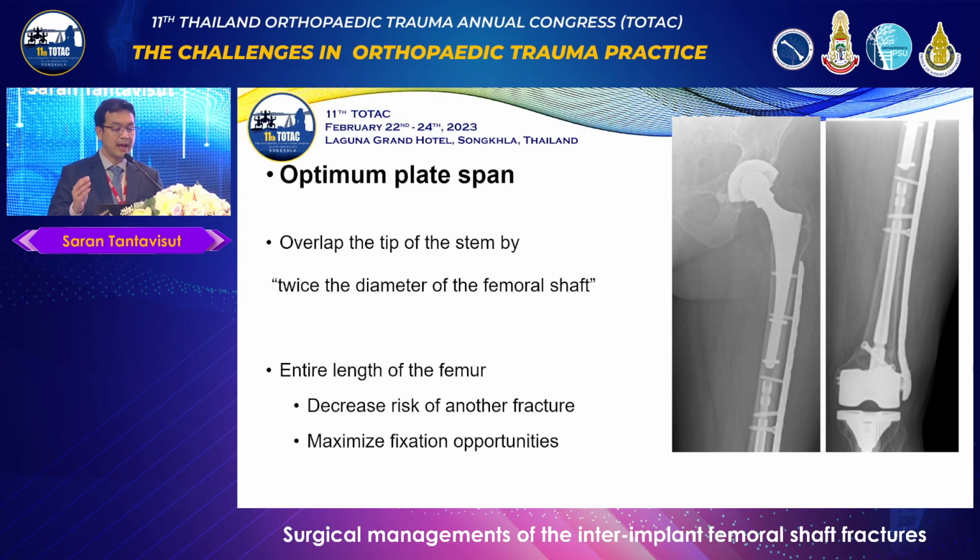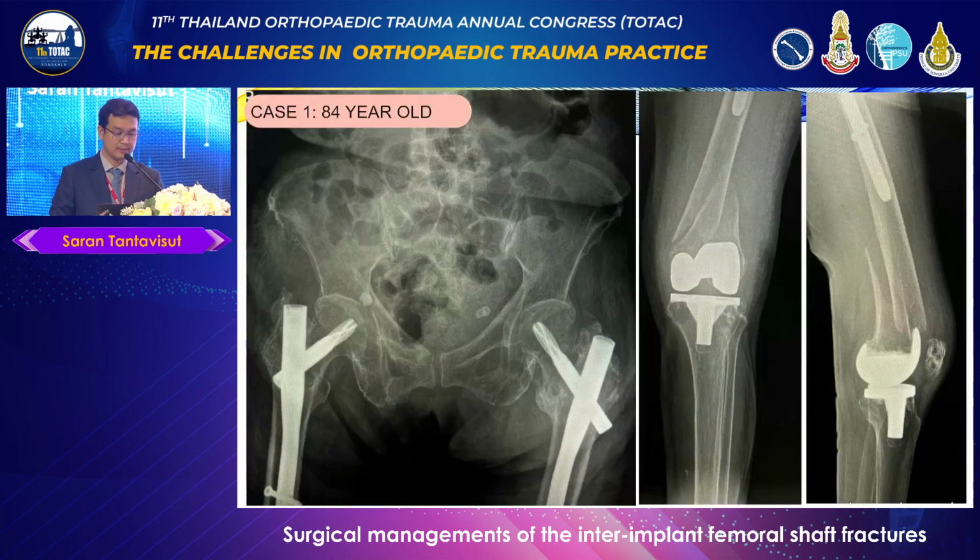You should have enough overlap of your plate with the current implant. The overlap should be twice the diameter of the femoral shaft. That would be the recommended overlap span. Or if you are not sure how much to span, just span the whole femur. That is another way to do it.